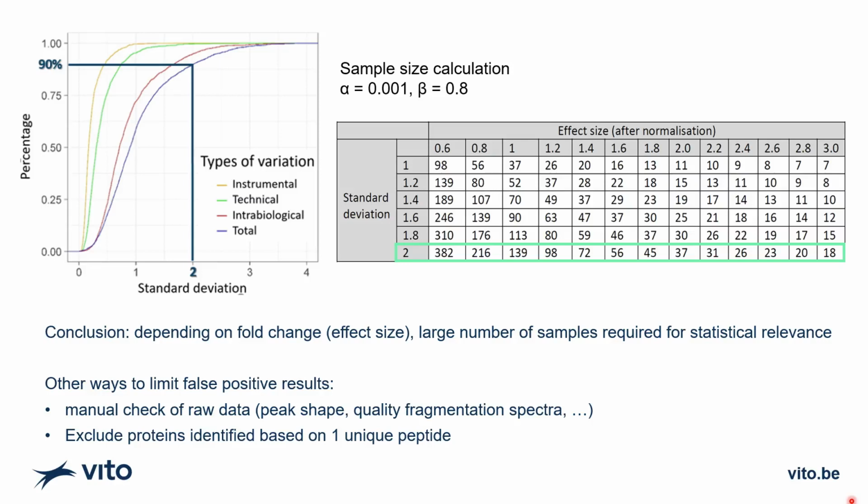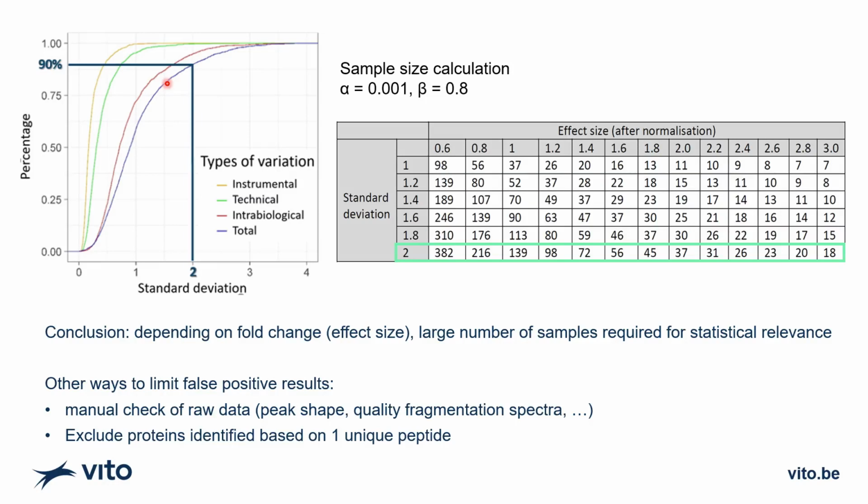The line of the intrabiological and the total intrabiological variation is almost equally high. That means that if you take urine samples from one individual at different time points during the day, the variation of your proteome is almost as large as between samples from another individual. That's quite important to realize, because you will have to include quite a lot of samples in your cohort to make sure that you have statistically relevant results.